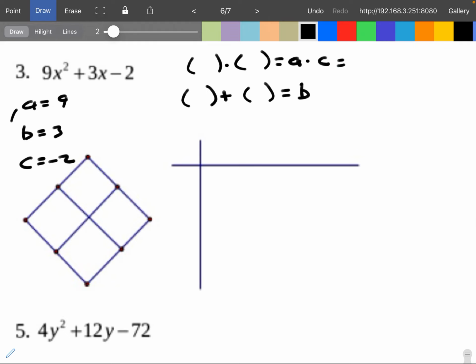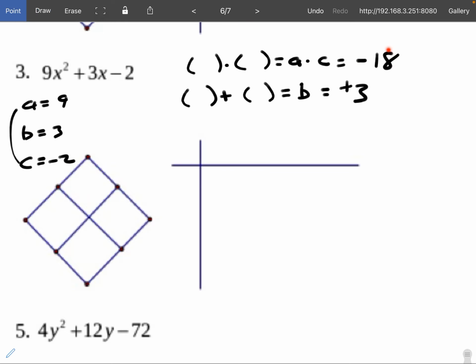So what's A times C for this one? Yep, 9 times -2. So A times C here is going to be -18. And then B here is a +3. So then you need numbers that multiply to 18. Again, I'm not worried about the negative.